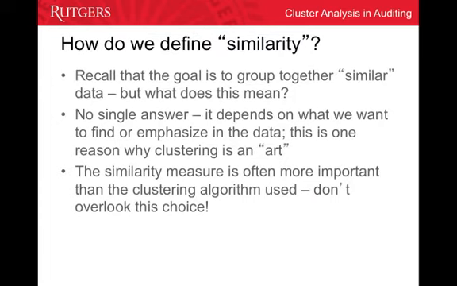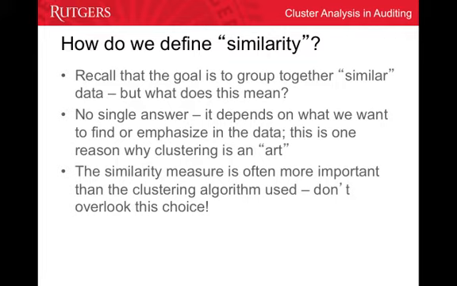Okay, then after we have prepared the data to make the data usable for the cluster model, the next thing is we need to define the similarity between the objects. Because the goal of clustering is to group together the similar data.